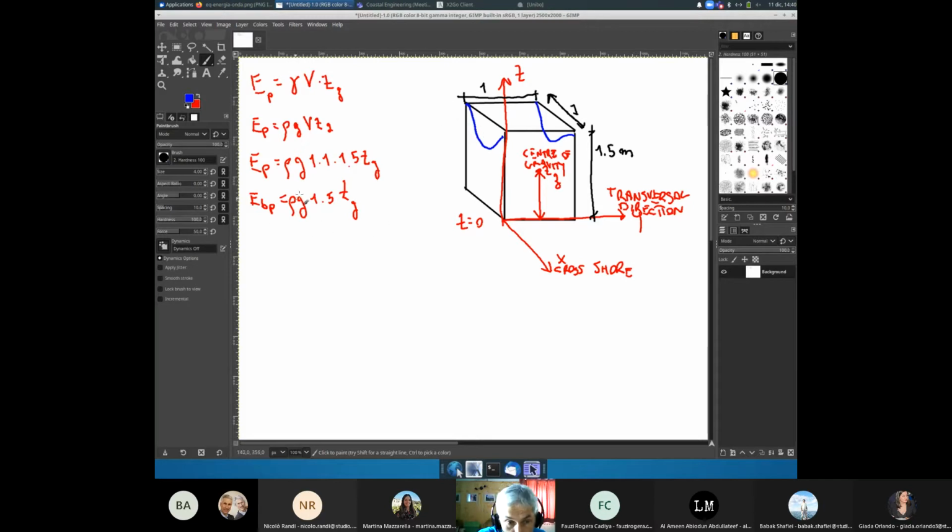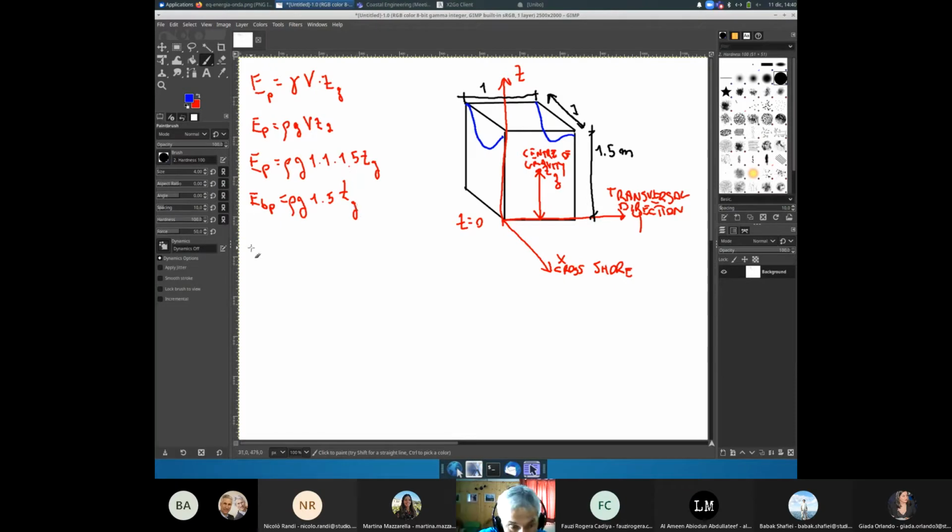So if we want to compute then the same energy per unit square area, now I have the problem that both 1.5 and ZG are varying for each fluid particle that is contained in this geometric volume.